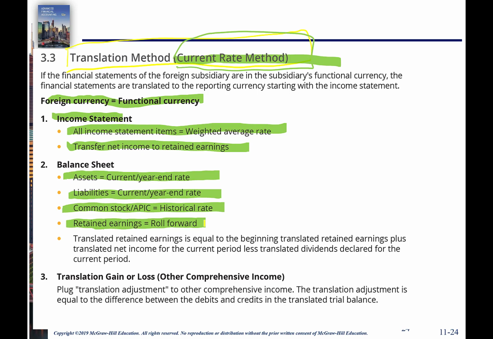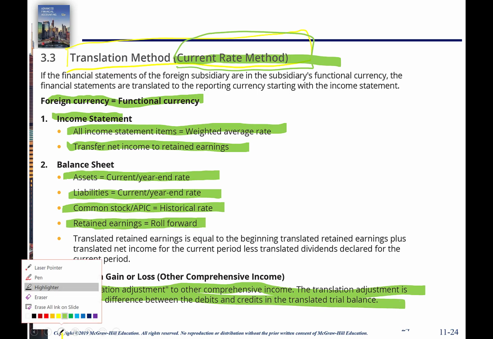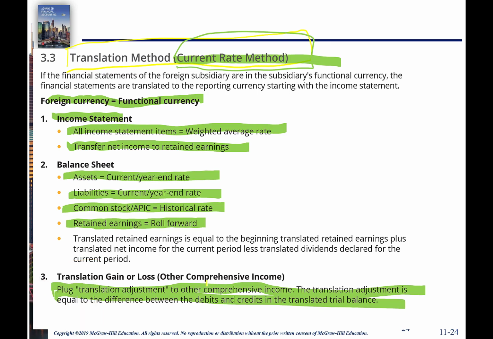And when we're done with that, the balance sheet won't balance. And so we will plug a number into the balance sheet to make the balance sheet balance. And that number will be our foreign currency translation gain or loss. And that is considered part of our other comprehensive income. Okay, so it's going to be contained in that part of our stockholders' equity, our other comprehensive income.